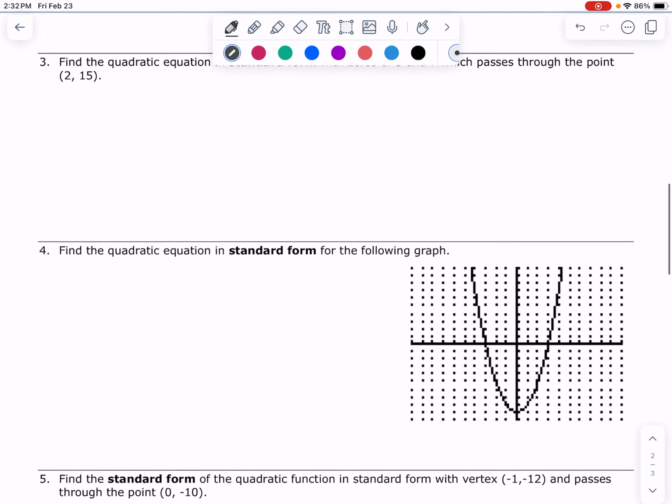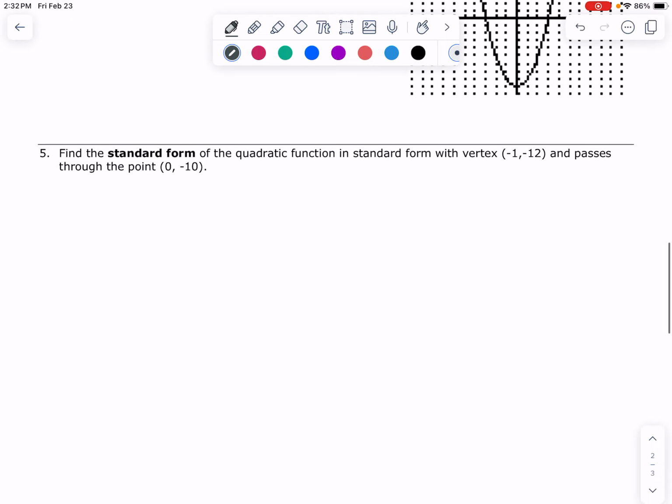Number 3, similar, so I'm going to skip to number 5. This time, they're giving us the vertex. Okay, and so we have to start with vertex form, which is y equals a, x, and then opposite of x would be plus 1 squared, and then the minus 12 would be outside.